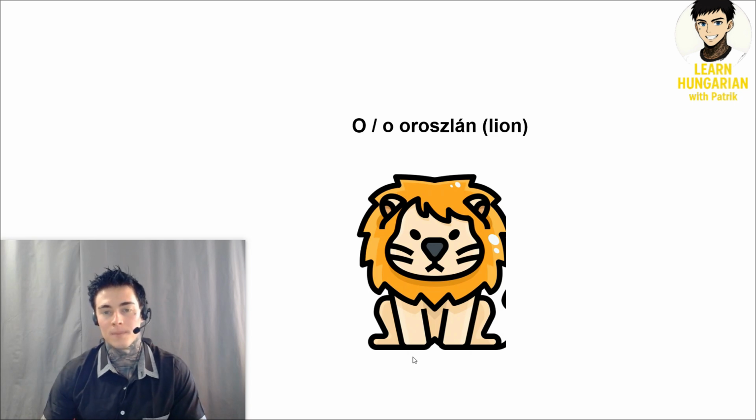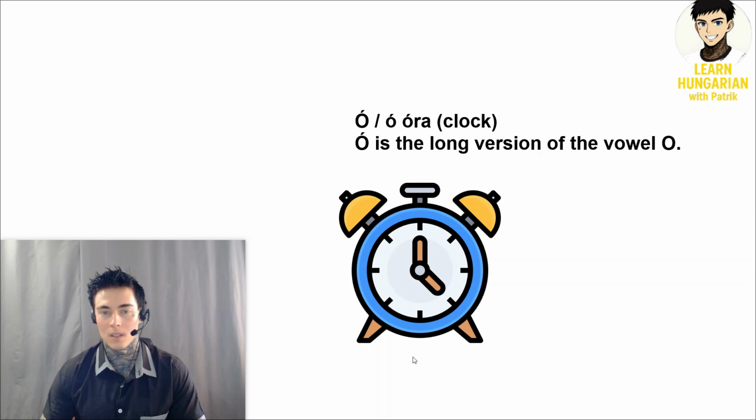O, oroszlán. Ó, óra. Ó is the long version of the vowel O.